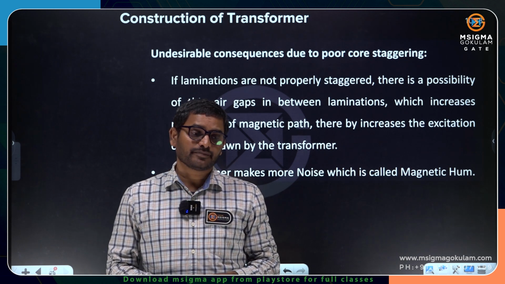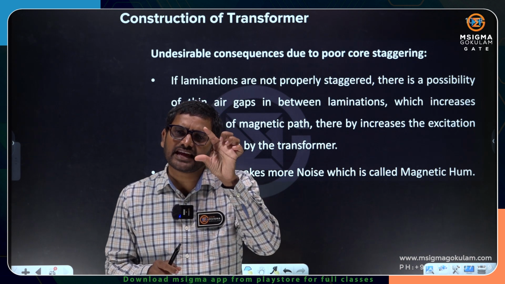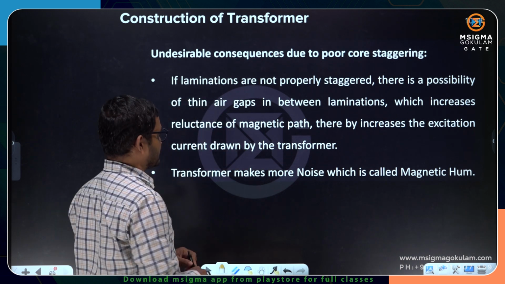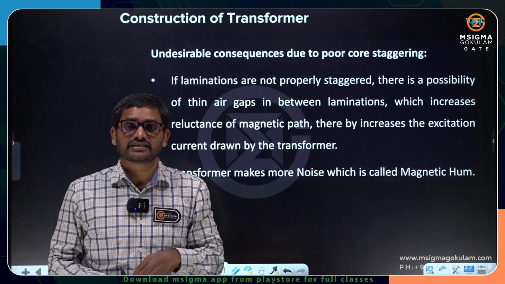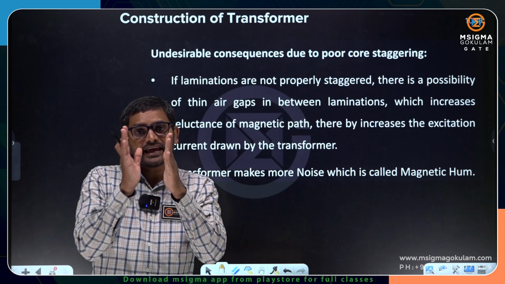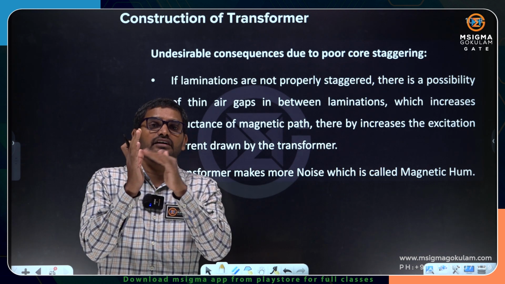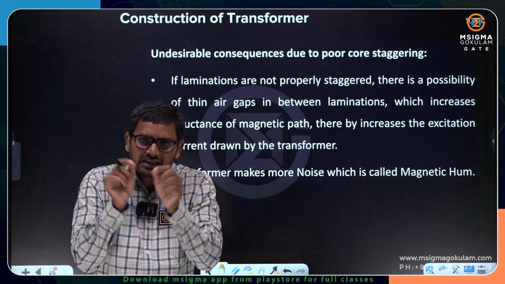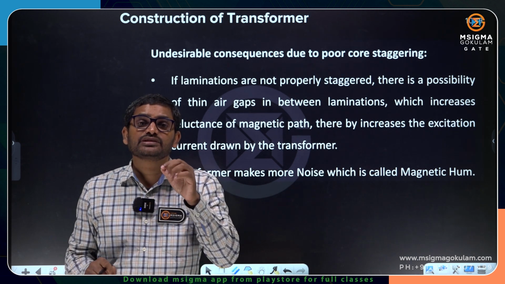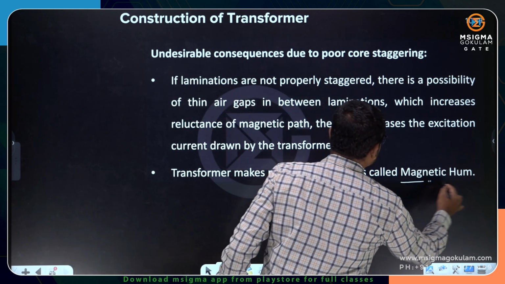Why? Because of the continuous reversal of flux lines, the sheet dimensions are going to slightly increase or decrease. If the sheet dimensions change, then the sheet can collide with the neighboring sheets, and because of that small collision, it leads to a small noise, and that noise is called humming noise.